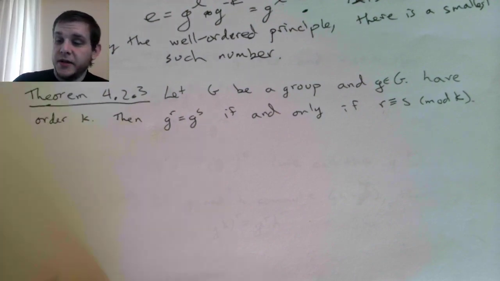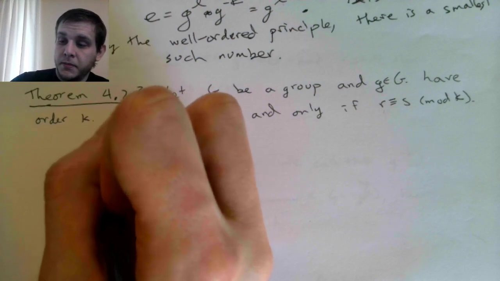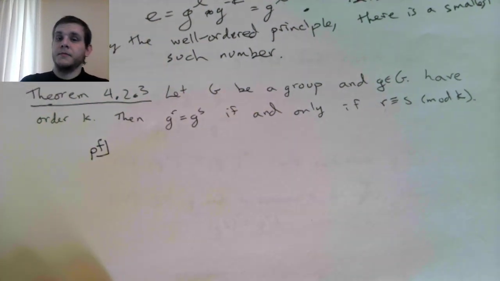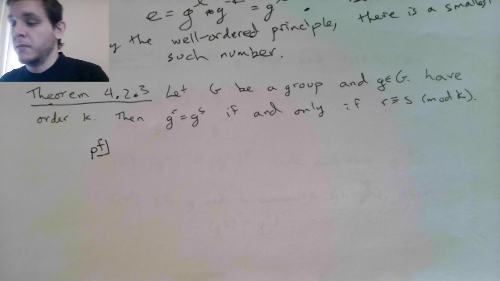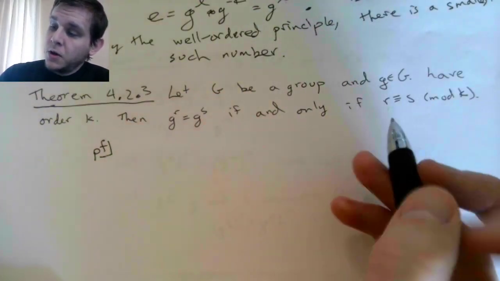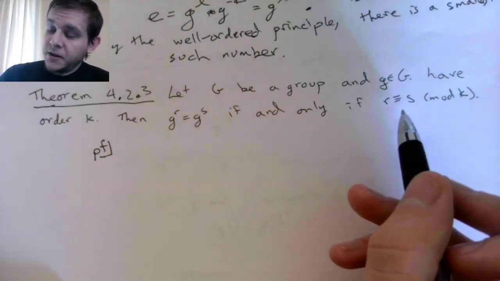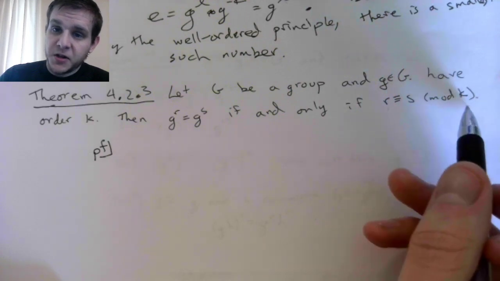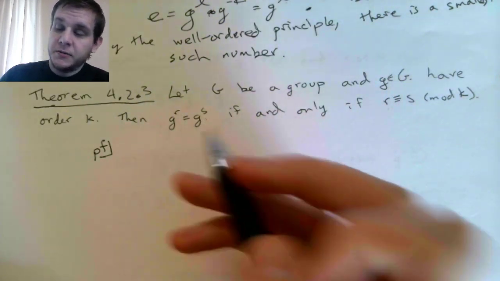So let's prove this theorem. First, we'll prove the easy direction, that if this holds, then g to the r equals g to the s.